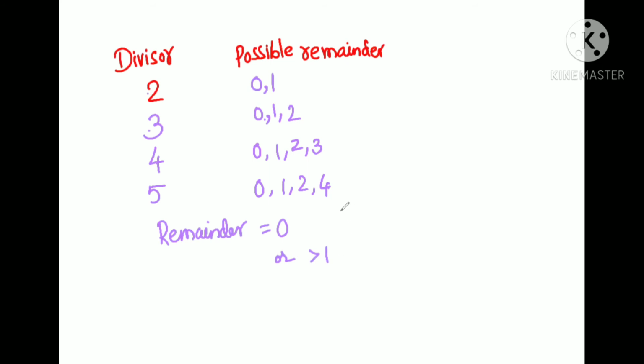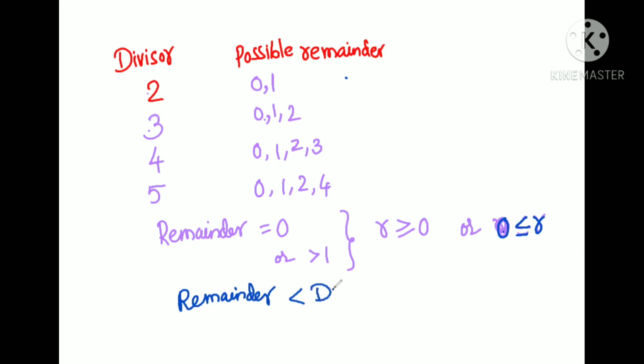So by combining these two results, we can write remainder is greater than or equal to 0, or this can be written as 0 less than or equal to R. Moreover, remainder is less than divisor.